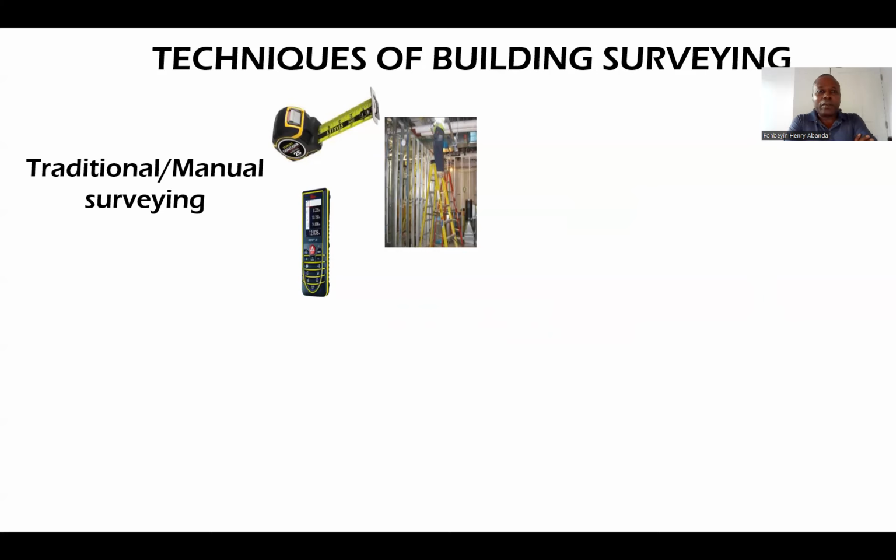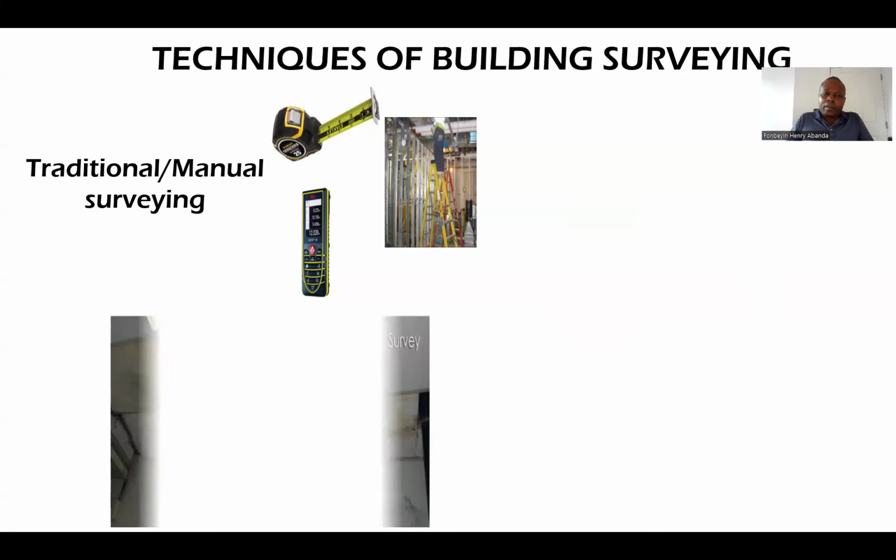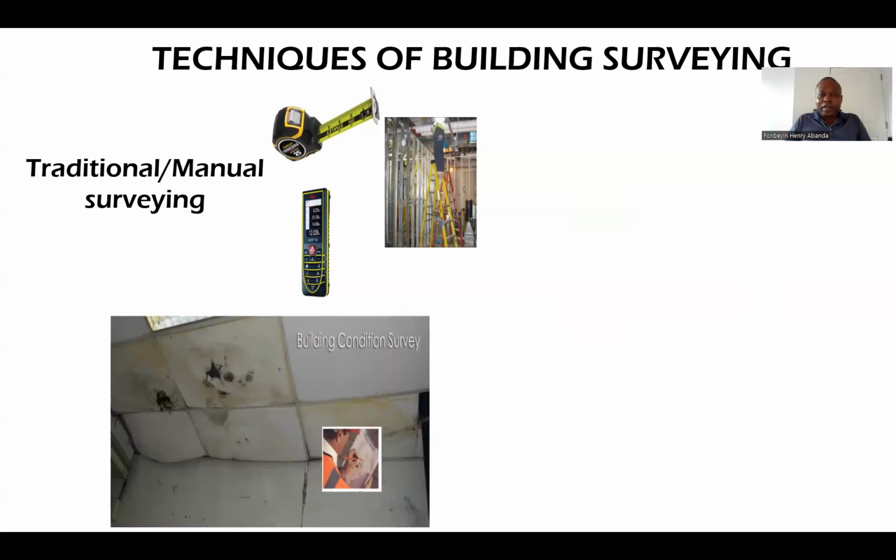In this type of surveying, we literally use our eyes and go around the building or property. We might use things like a tape to do some measurements and to identify defects. That's a typical defect there on that roof, where we may see it visually and go around the building.